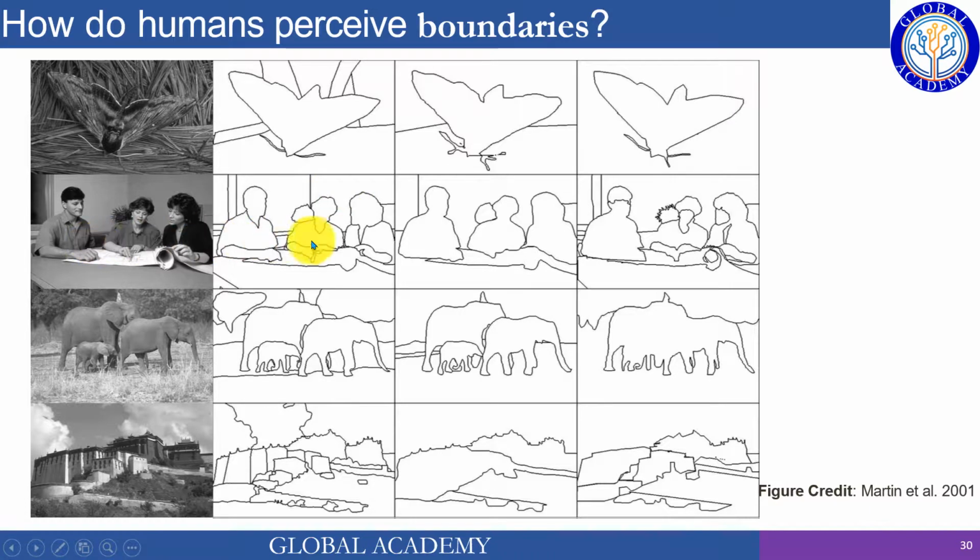If we are not interested in the background, and only in the elephants, then this is the perfect boundary of the elephants. So it's all about foreground and background, the object of interest and the background.